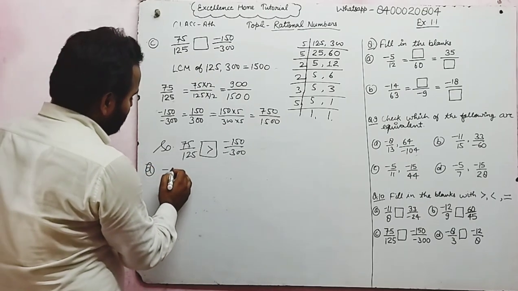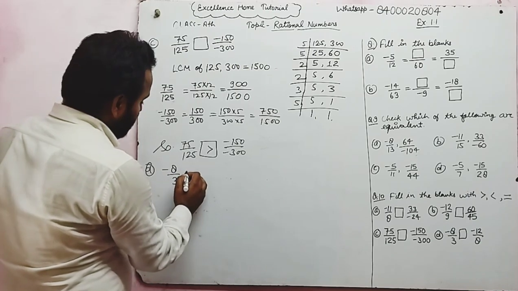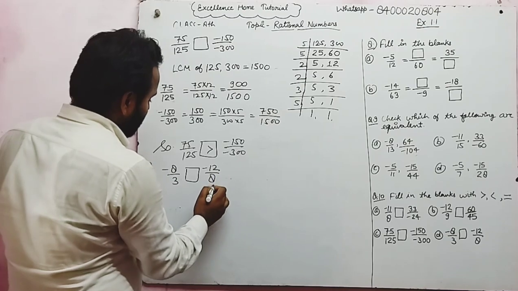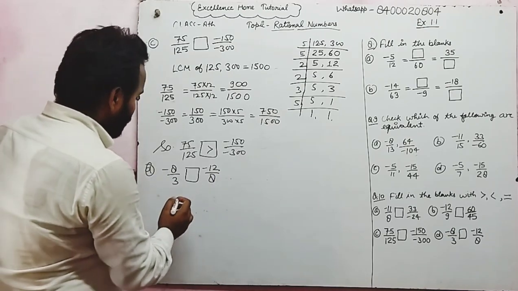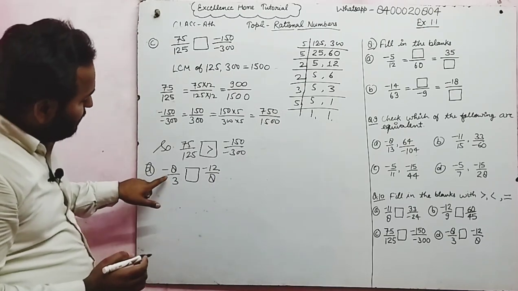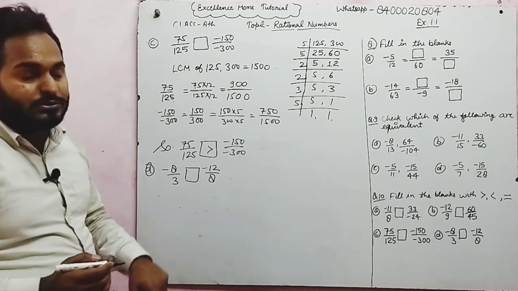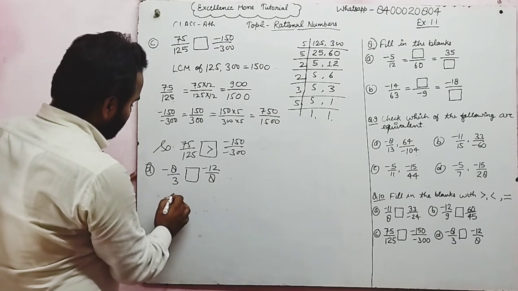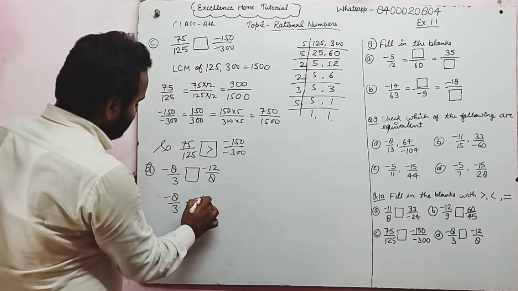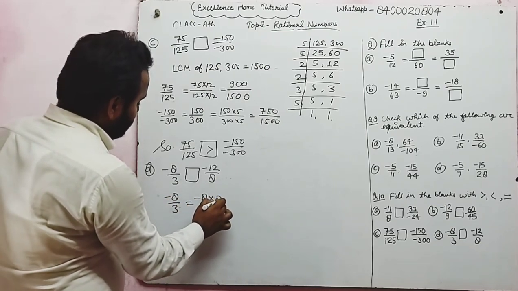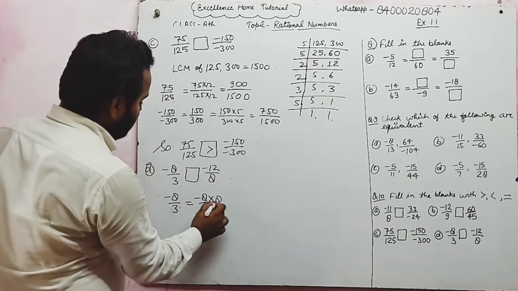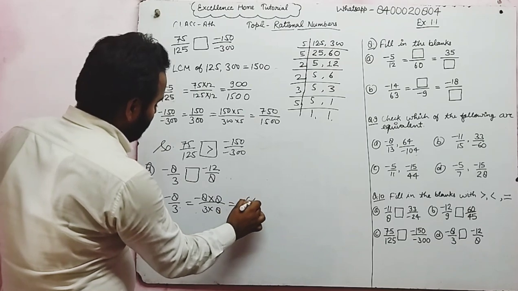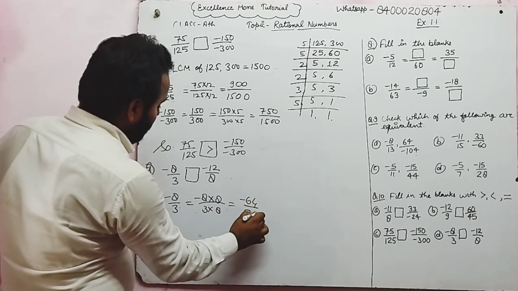Another question is minus 8 by 3 and fill in the blank minus 12 by 8. In this, both denominators are positive, so we have to make both denominators equal. So minus 8 by 3 is equal to minus 8 into 8 upon 3 into 8, so this is minus 64 by 24.